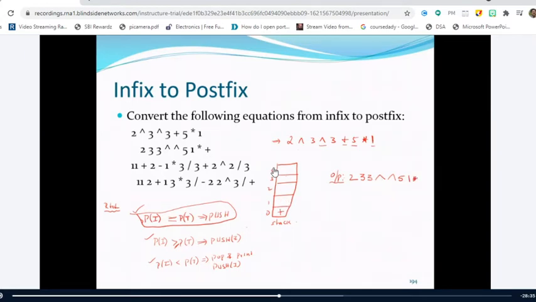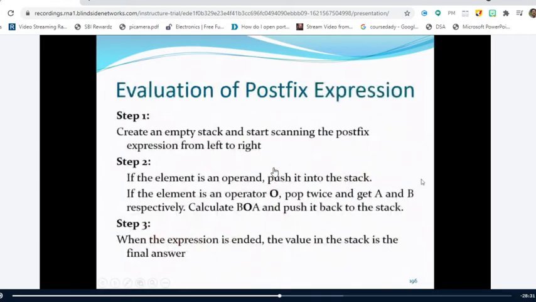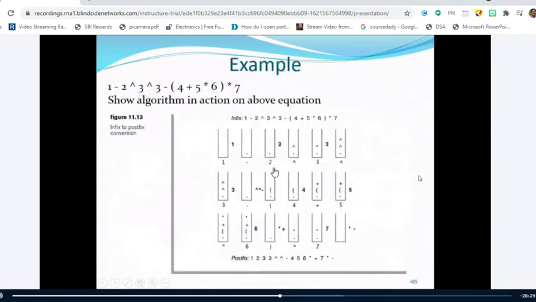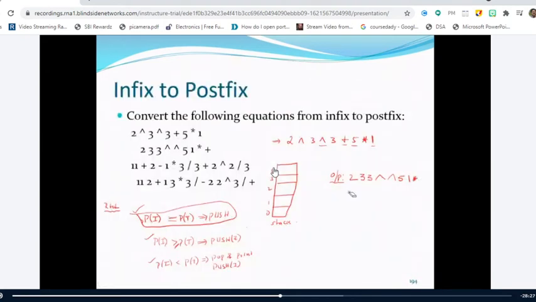Again, pop this plus and place it in the output. So this is the corresponding postfix expression for the infix expression that is given when we have the right to left associative operator. Is it clear up to this point?